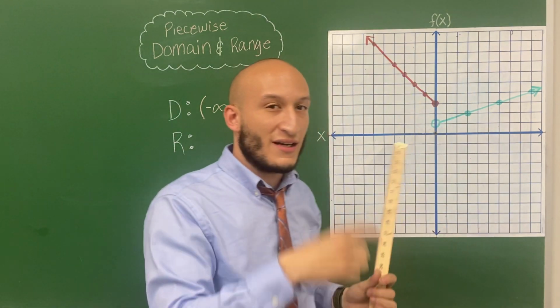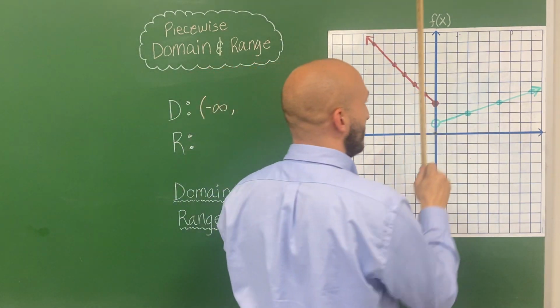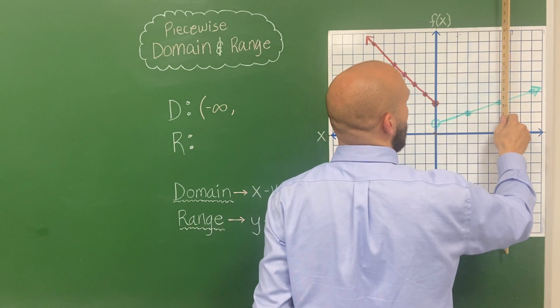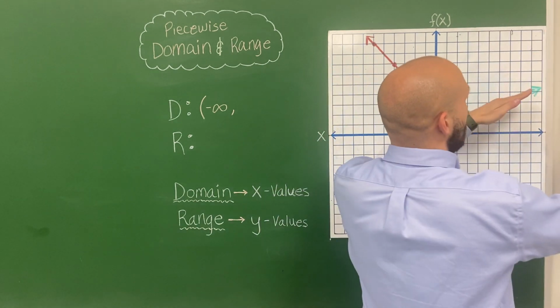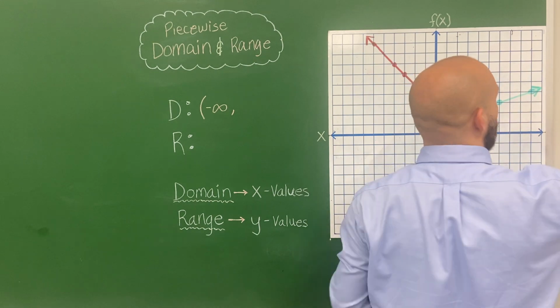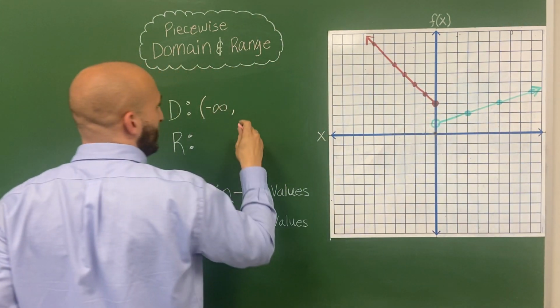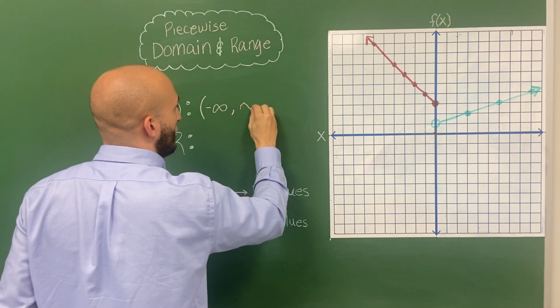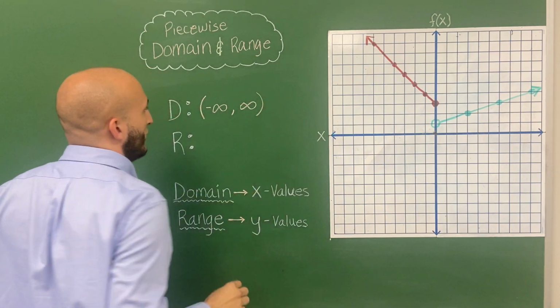So there's never a gap. I will always see a value here, no matter how far to the right, this is going to go on forever. I will always see a line, and to the right, I'll see that green line. So positive infinity.